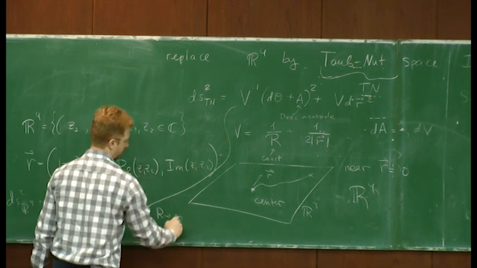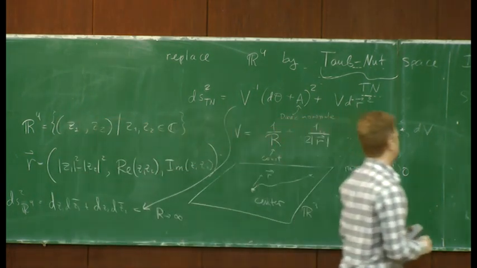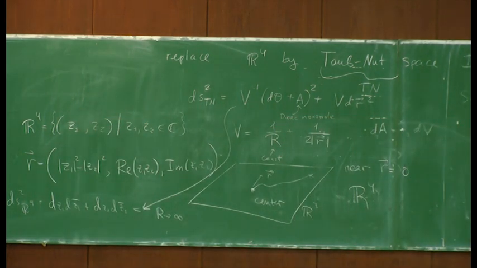So in the limit when r goes to infinity. When I say that you cannot replace R4 by this Taub-NUT space, it means that you change it asymptotically at infinity. You modify the geometry at infinity in such a way that you actually get a circle of finite size. But near the origin, you don't modify anything.